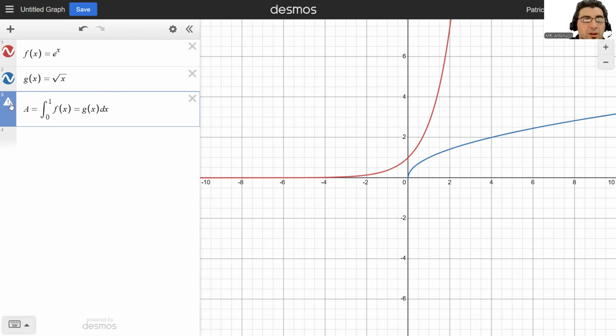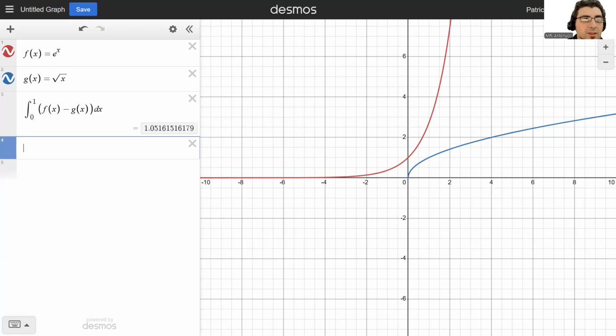Now we have a warning here because we have to put parentheses around the integrand, since there's a lot of different stuff going on there and it's confusing it. I see an equal sign there accidentally, so we take that off, and we get this. So that's 1.0516 and some change. And then if we compare it to the answer that we got previously, which was e minus 5/3, we see we get the same thing there. Pretty cool, huh?